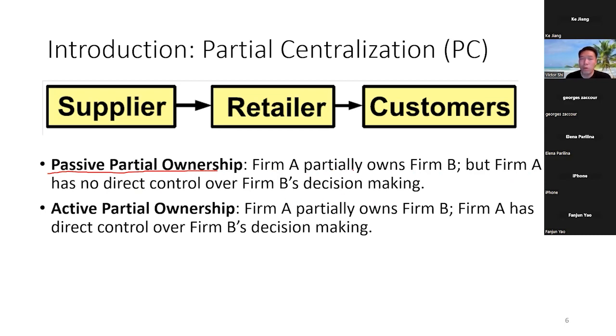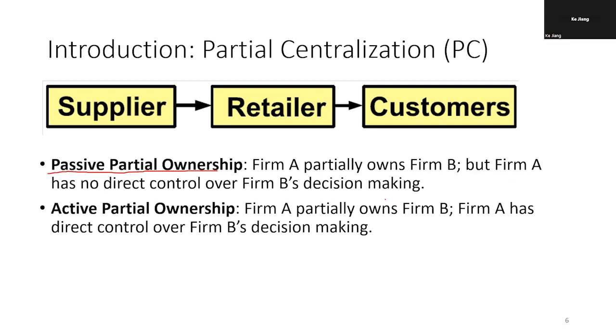So this partial ownership may be 10%. In that case, it makes sense that firm A has no direct control over B's decision making, right? But sometimes, even A owns, say, 60% of B, but still firm A will not have direct control over B's decision making.